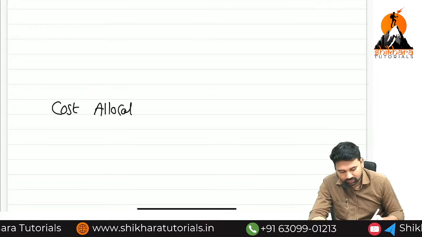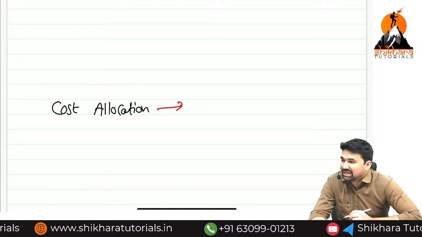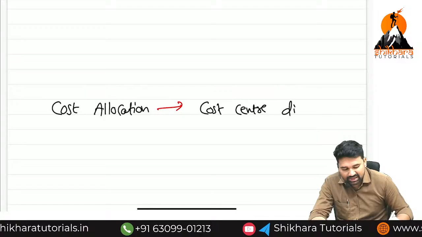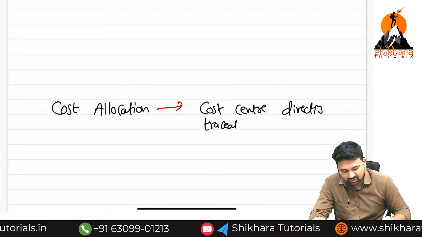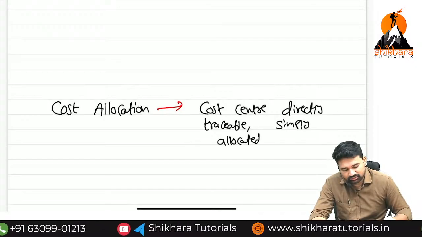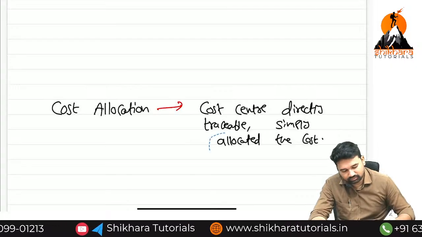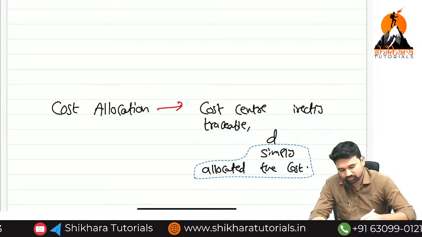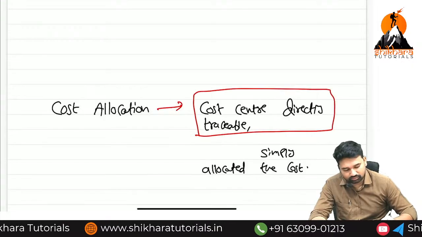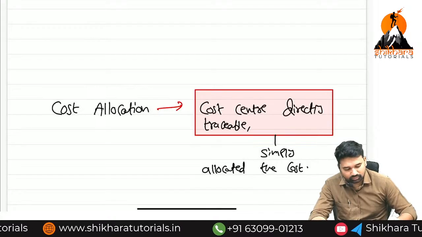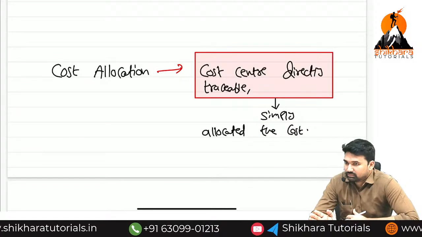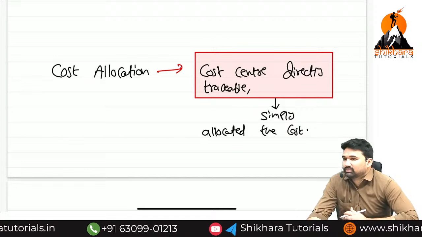In cost allocation, being the cost center directly traceable and clearly identifiable, we simply allocated the cost, or we simply distributed the cost.